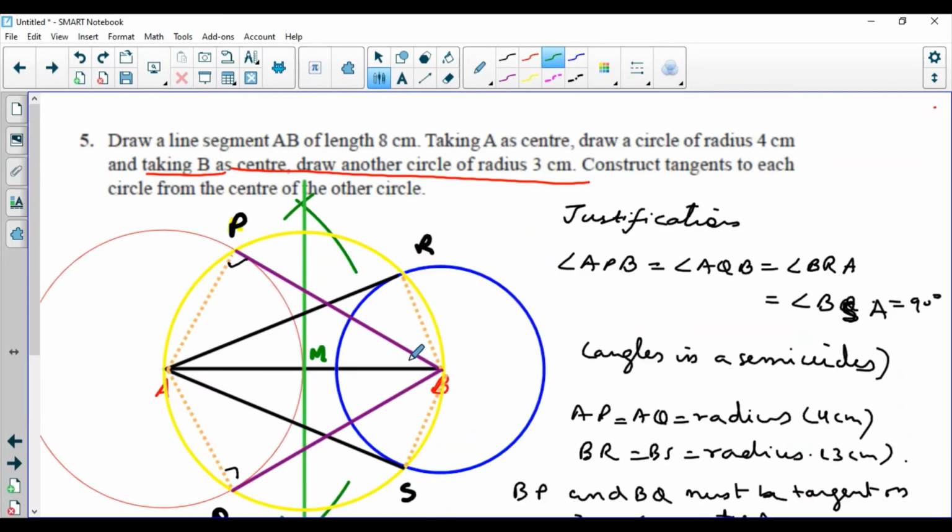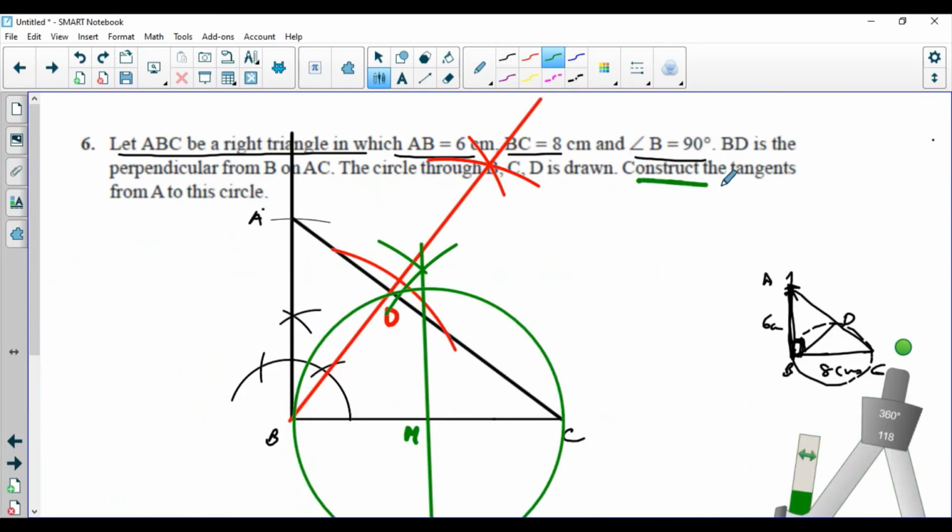Now question is what? Construct the tangents from A to this circle. Means what? See, remember the question number 1. One center was given, one point outside, and from this point we have drawn the tangents. Okay. Here also one outside point is given, that is A, and center is given M. That means what we should do? We should join A and M. Then we will draw the perpendicular bisector of that.